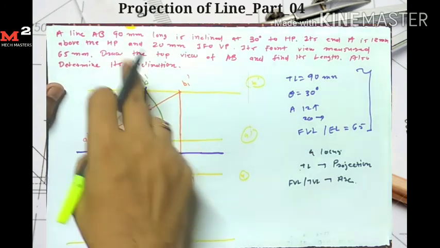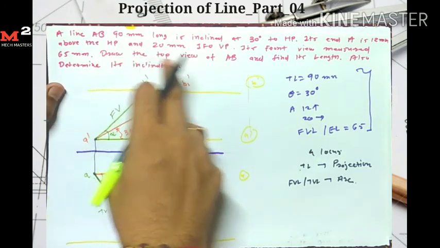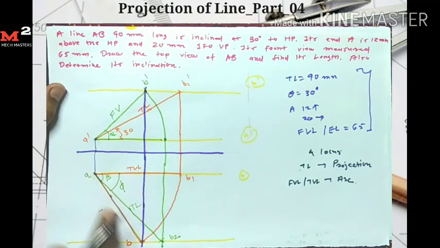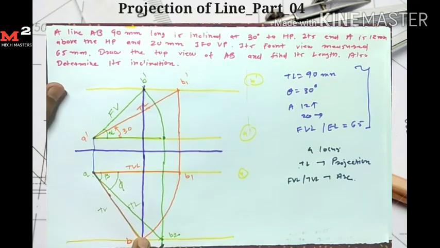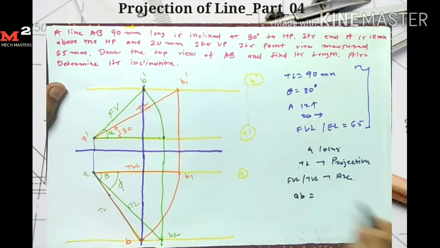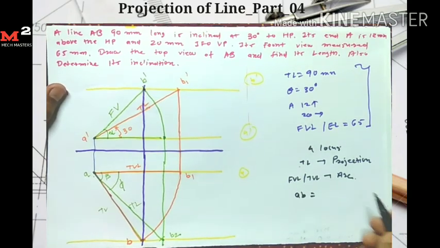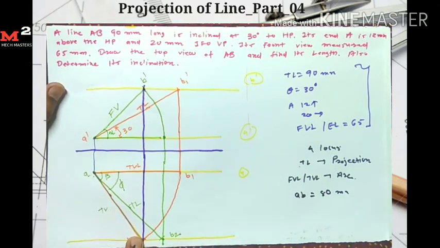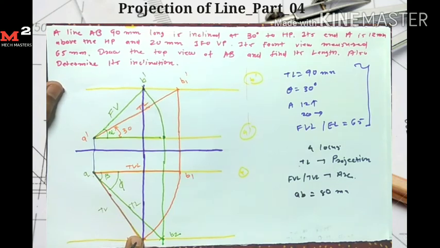Okay, in the question it is given that we are required to find the top view of the line AB. So here we get the top view of the line AB and its length. If we measure the line AB, then the length of line AB is equal to 80 mm. And also determine its inclination.